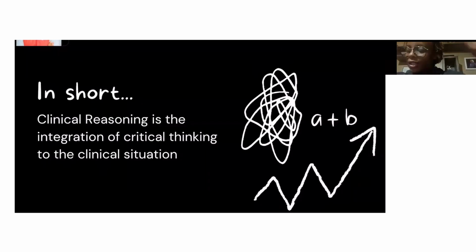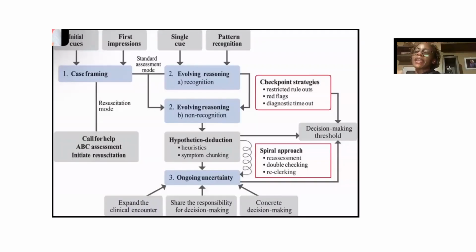With all that being said, in short, clinical reasoning is just the integration of critical thinking into the clinical situation. Now, there was an interesting study done in 2020 in the UK, looking at how junior doctors in emergency care approached clinical reasoning in terms of patient care.